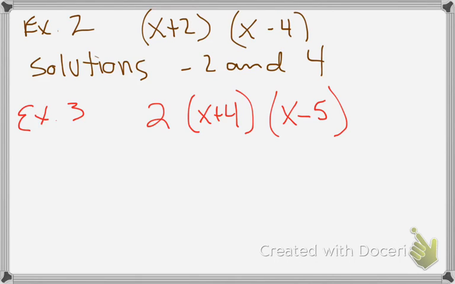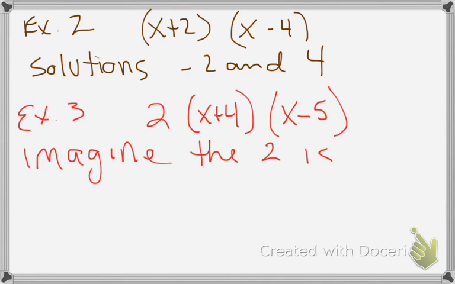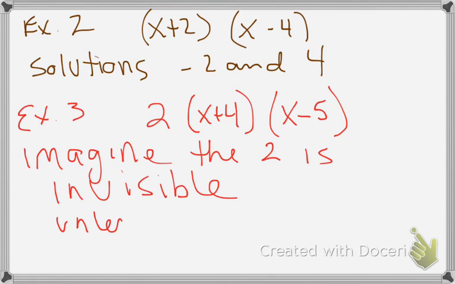You imagine that the 2 doesn't exist. So it's just going to be -4 and +5.